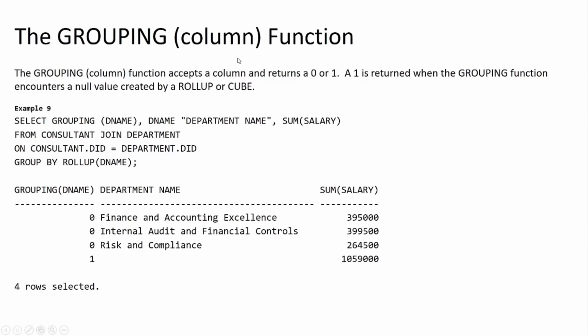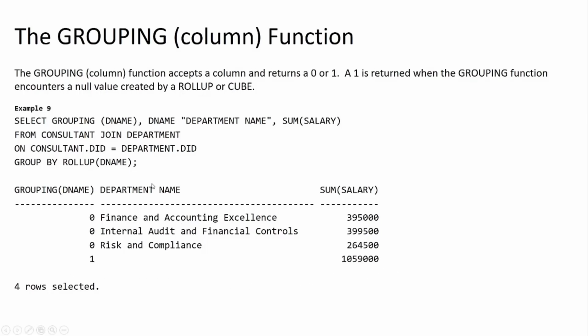Now, one kind of nice thing, and this is kind of similar to the level pseudo column that we saw when we were looking at the hierarchical functions, but if you use this grouping function on the attribute that you are rolling up by, Oracle will tell you if a particular row was generated by the group by or generated by the rollup.